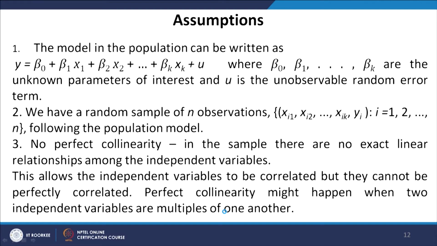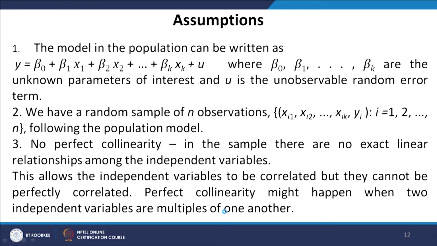The third assumption states that there is no perfect collinearity. In the sample, there are no exact linear relationships among the independent variables. This allows the independent variables to be correlated, but they cannot be perfectly correlated. Perfect collinearity might happen when two independent variables are multiples of one another. This is an assumption we will deal with in the next part when we talk about the problem of multicollinearity.